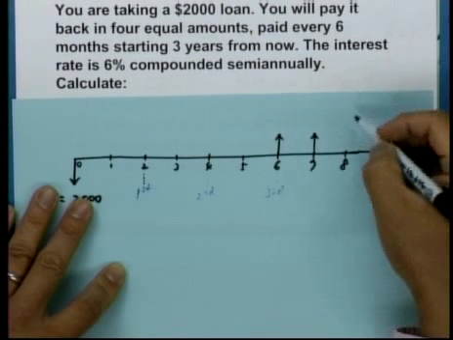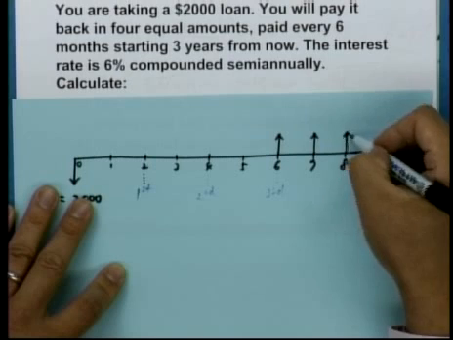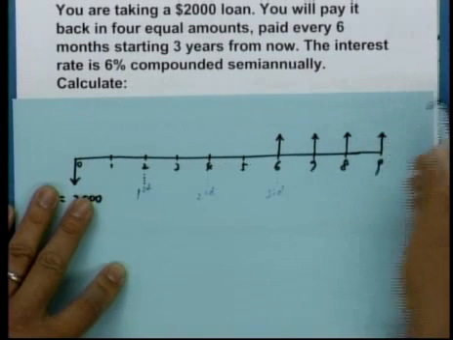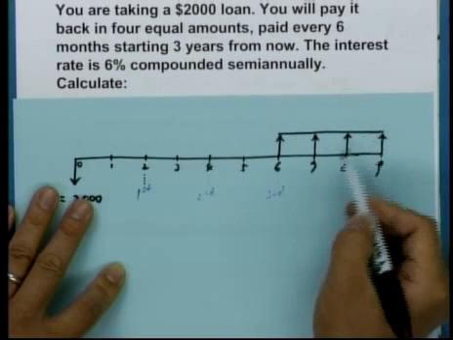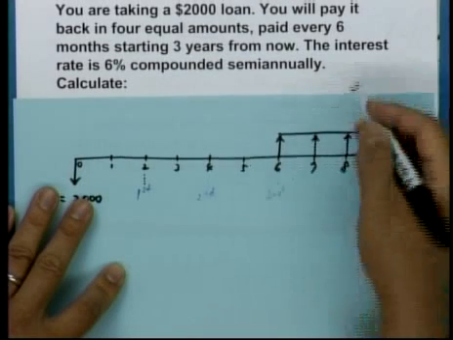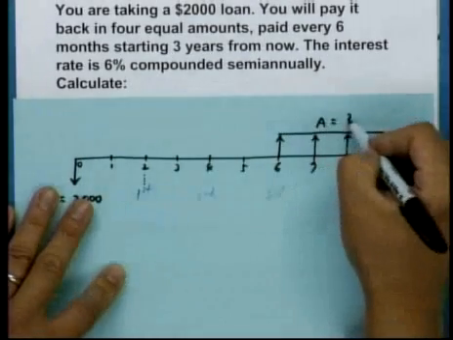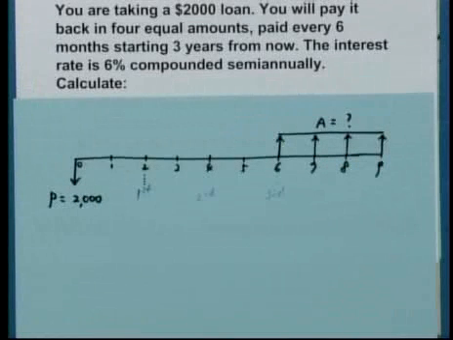You will pay it back in 4 equal amounts paid every 6 months starting 3 years from now on. So we want to know this payment, right, for equal payment.